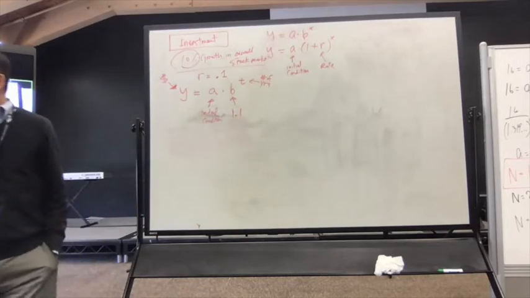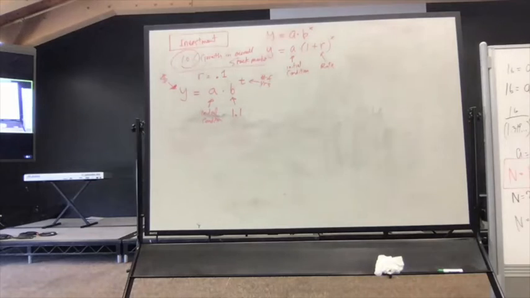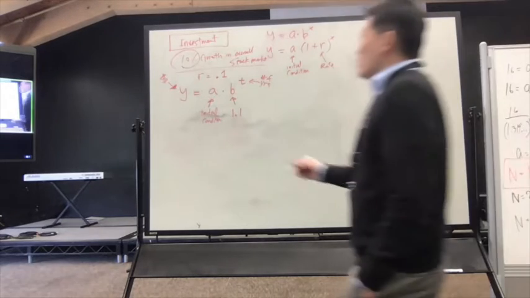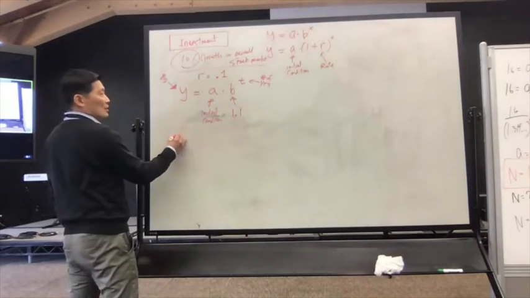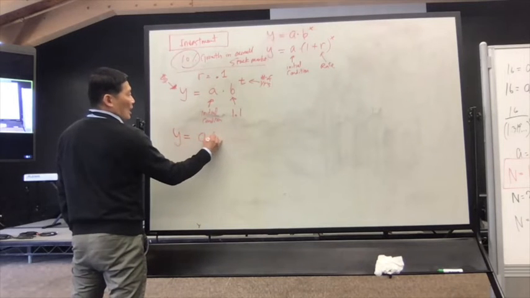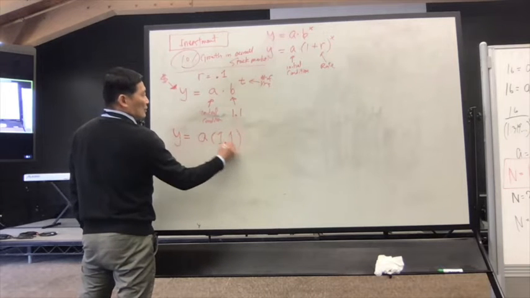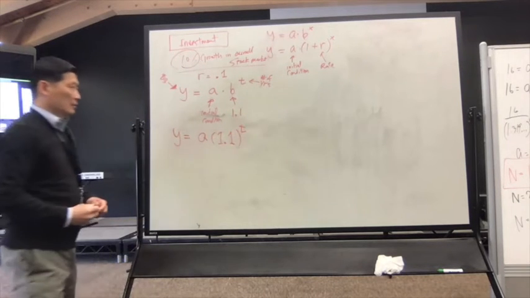Right? 1 plus R, and R is 0.1, so it's 1.1. So here you go, you've got an equation: y is equal to A times 1.1 to the t power.